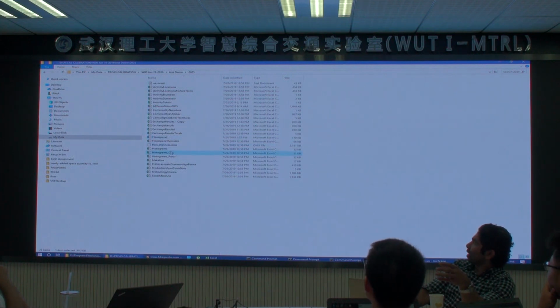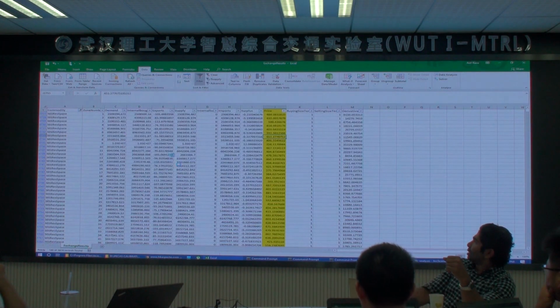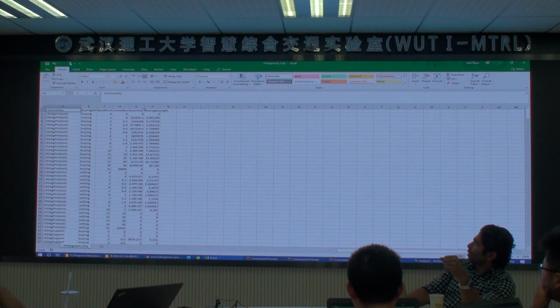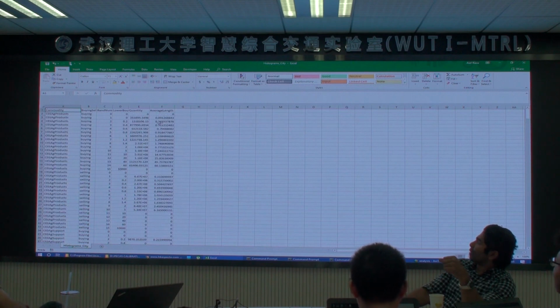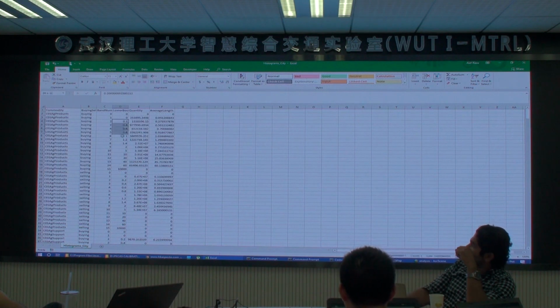So the histograms file is also very important. The histograms file gives you the quantities of trips for each commodity. So for example, in the histograms file, we saw these bands, right?